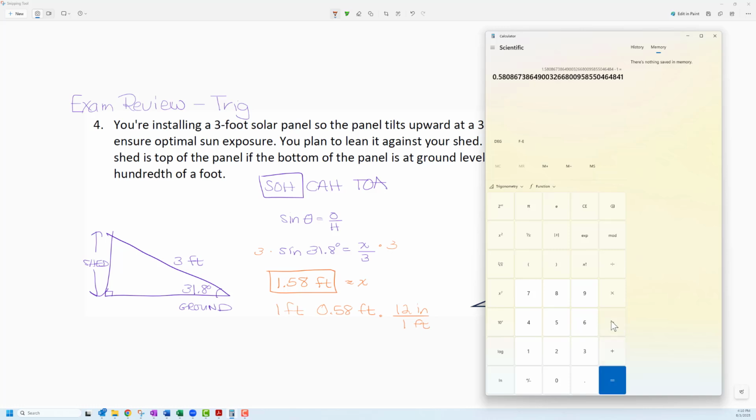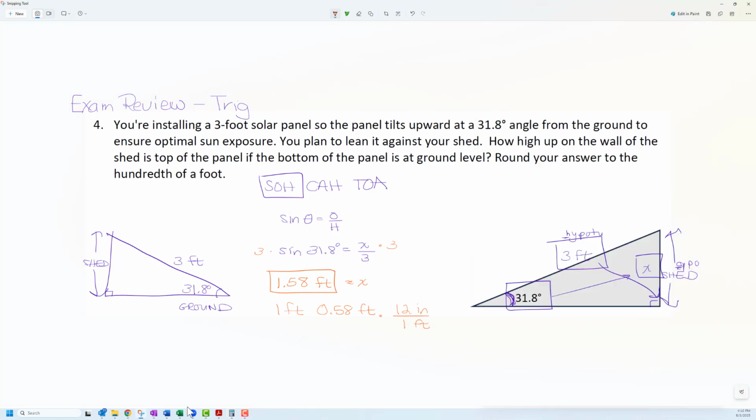Now we have the partial foot, multiply that by 12, and this will change us to inches. And so I get 6.97 inches, which is probably close enough. Again, we aren't going to the moon or anything, so we might just say, hey, let's go up 1 foot and 7 inches. That's a more practical answer.